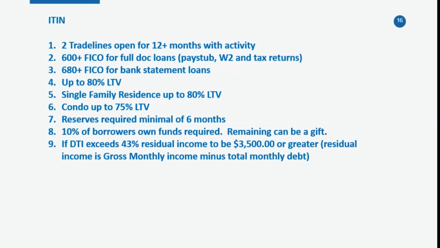If I have somebody doing a 95% LTV ITIN and something happens to them, you've probably seen the news, housing prices have been going down in certain areas by almost 5%, depending on the area. So if I only had 5% down and home prices in that area have gone down by 5%, I'm now at 100% LTV based off the new value.